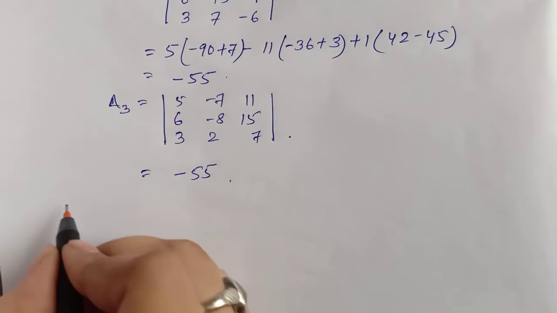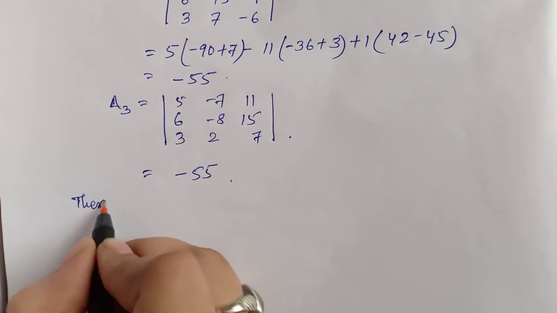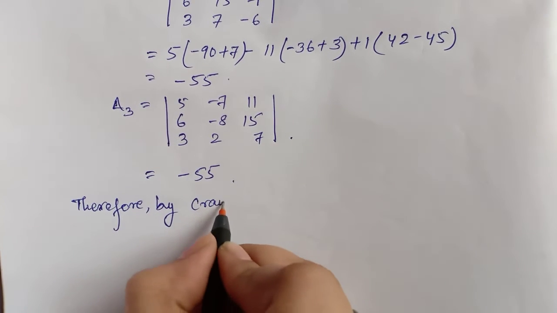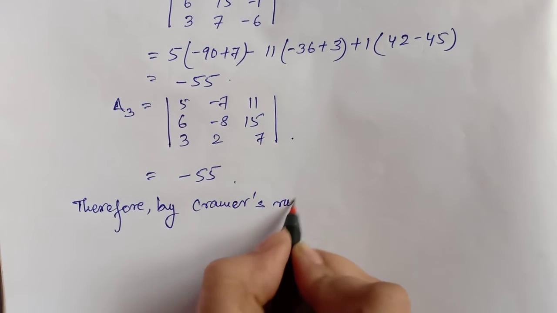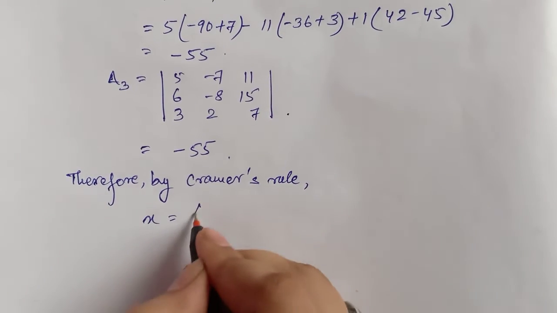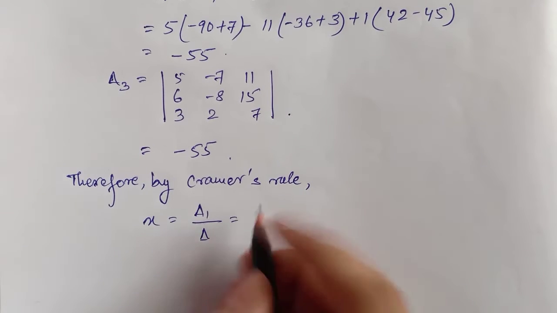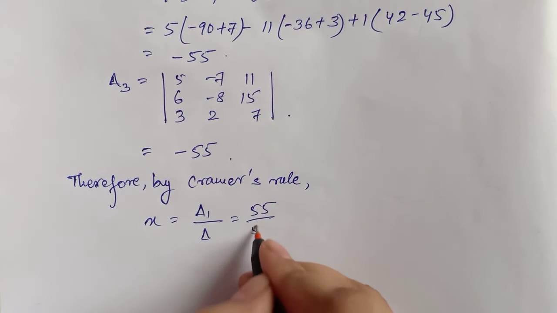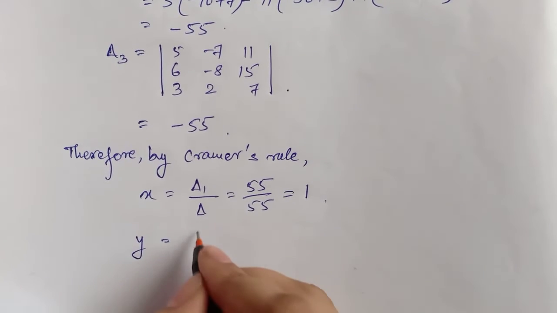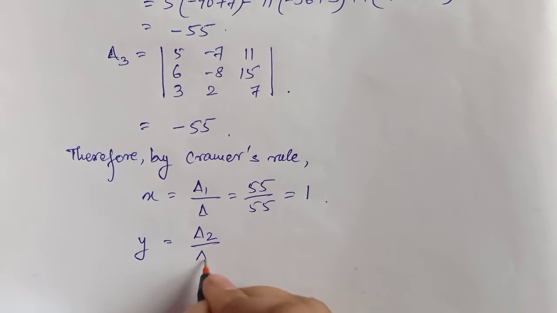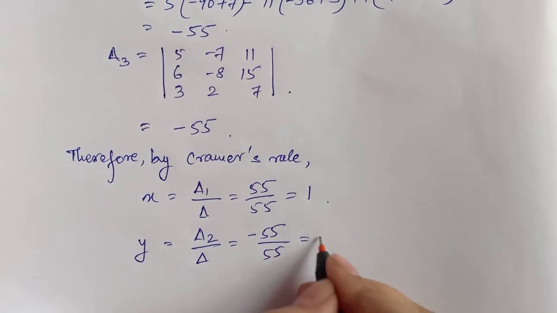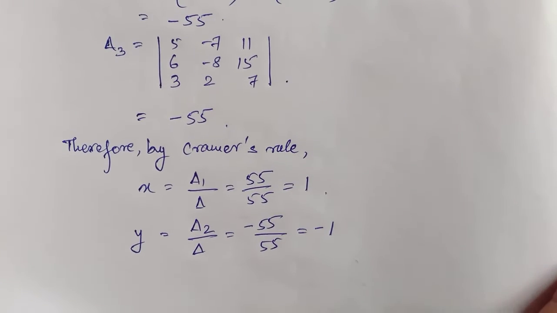Then, by Cramer's rule, x equals delta 1 by delta, which gives us 55 by 55 equals 1. For y, we have delta 2 by delta, which gives us minus 55 by 55 equals minus 1.